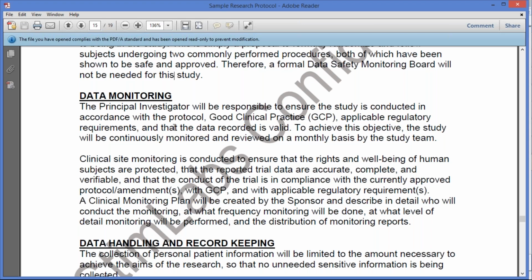Mainly, we should make sure the study is conducted as per the protocol, as per the GCP, as per the concerned regulatory requirements.